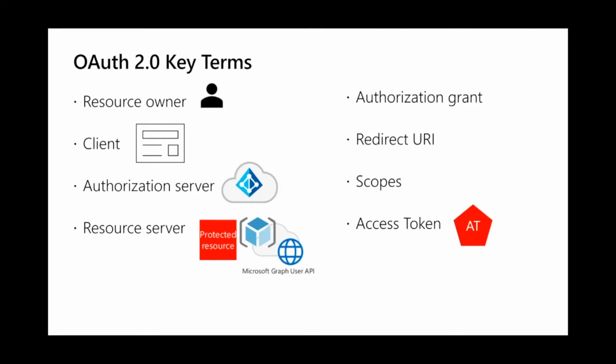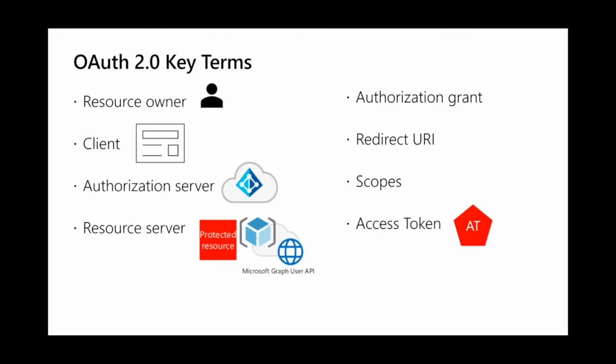The client is the application requesting access to a protected resource on behalf of the resource owner. The authorization server is a server which authenticates the resource owner and issues access tokens. For example, Azure AD B2C is the authorization server in our examples today. The resource server is a server hosting the protected resources or protected APIs that the client wants to gain access to.